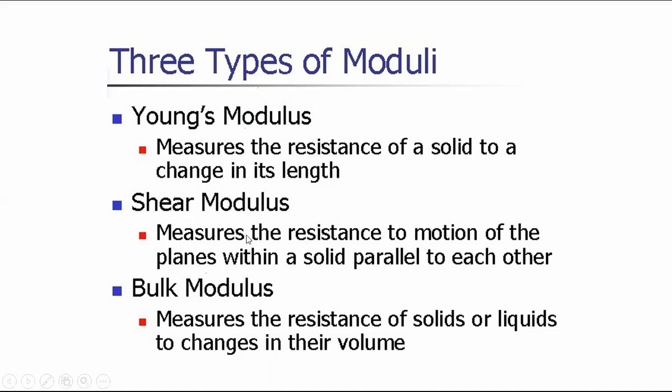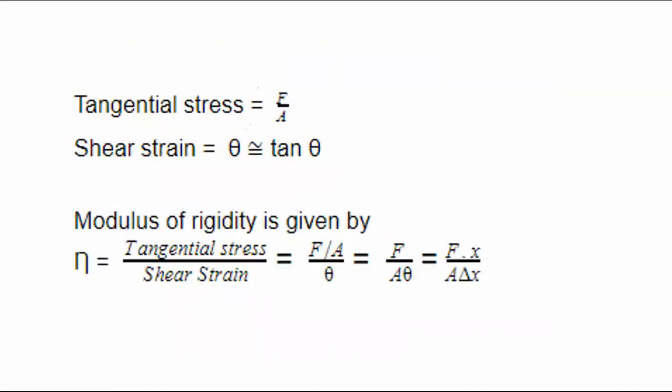Whereas shear modulus is useful for measuring the resistance to the motion of the planes within a solid parallel to each other. In the coming slides, you can see here itself. Let us say, I will draw one figure. Look at the figure.